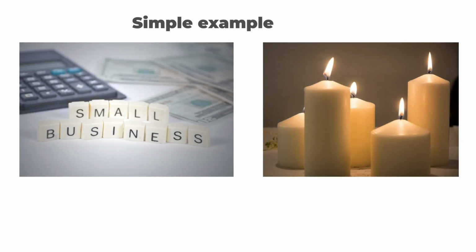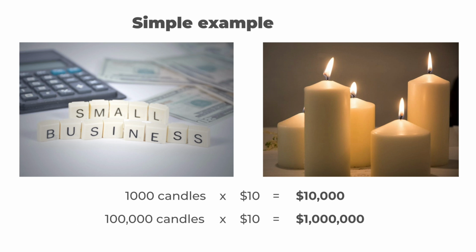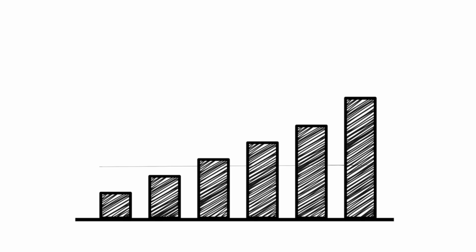Let us start with a simple example. Imagine a small business that sells handmade candles. If this business sells 1000 candles at $10 each in a month, the revenue for that month would be $10,000. More sales generally mean more revenue, which can indicate a growing and potentially successful business.